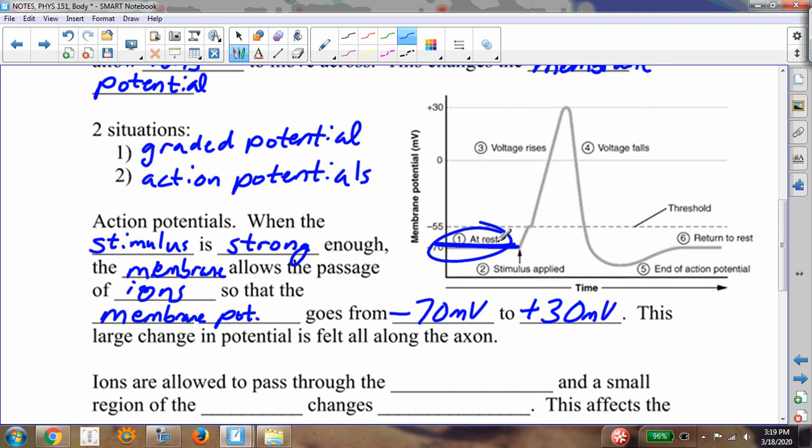So this is our resting potential. When you apply some stimulus to the neuron, it causes a big increase of about 100 millivolts, from minus 70 all the way up to plus 30. The ions are allowed to pass through the membrane, and a small region of the axon changes potential.